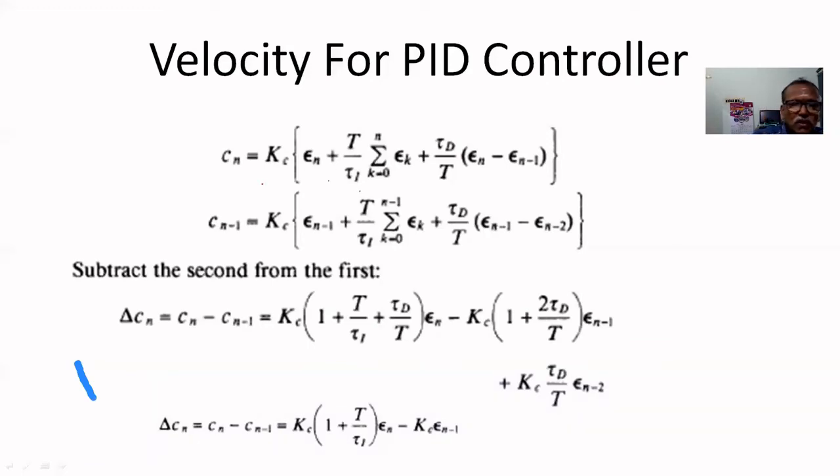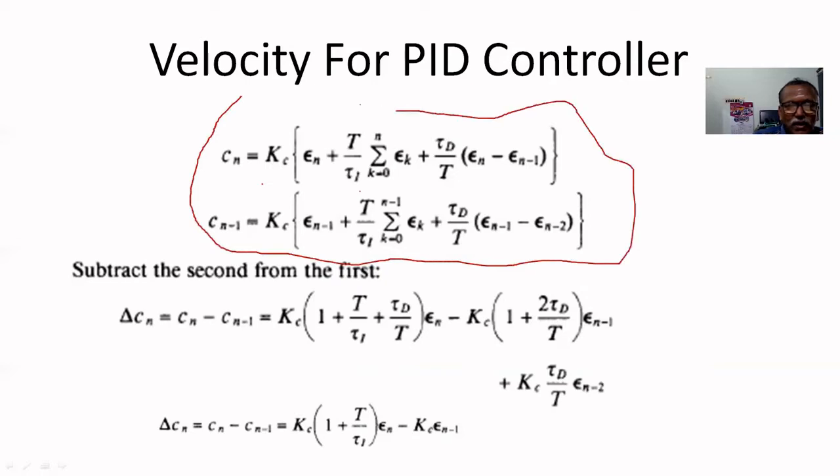Velocity form of the PID controller is where we stopped yesterday. The main difference between velocity form and position form is that position form gives the total controller output.